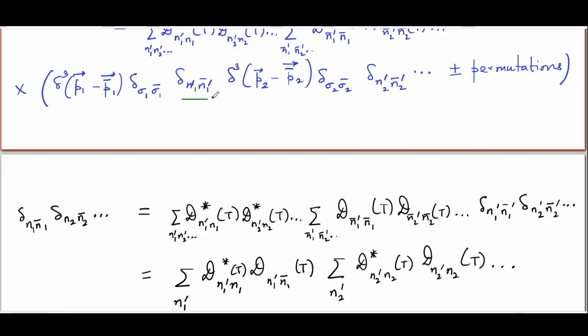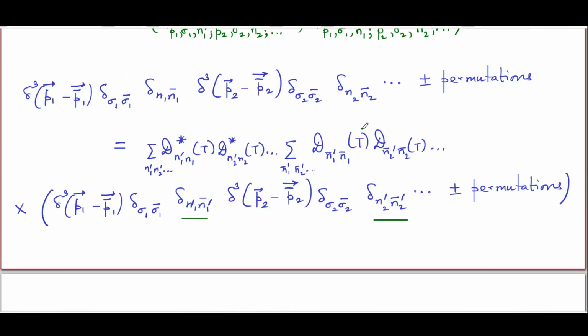This delta n1 bar, n1 prime bar, this delta n2 prime bar and so on. Just realize that what we have done here is we have just written down this expression all over again. Just the particle species dependent portions, and the other factors which depend on the momentum, because this has to match for all p values, all sigma values and so on.